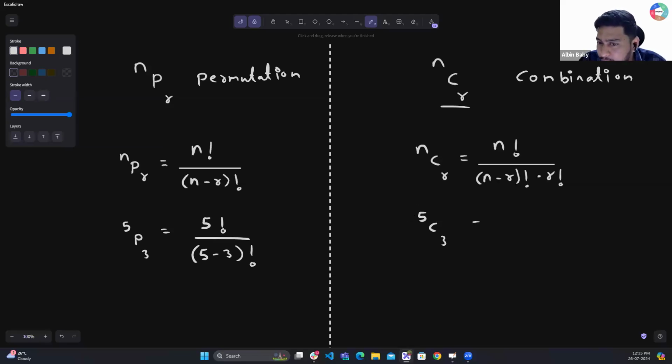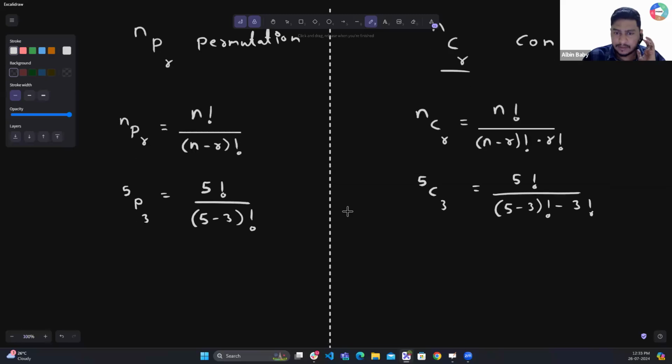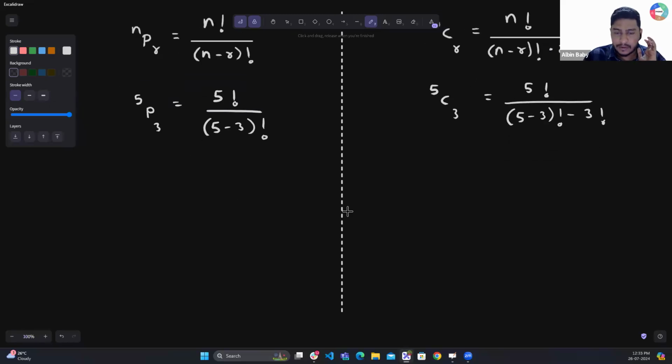If you substitute it, it will be 5 factorial by 5 minus 3 factorial times 3 factorial. Okay, can we break this down further? Let's see.